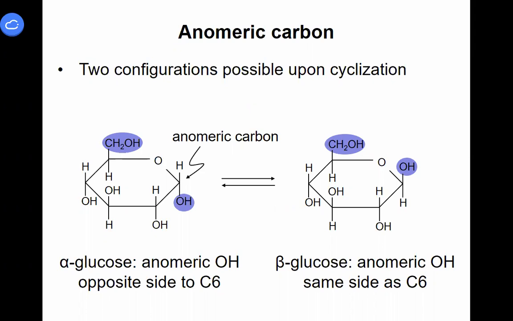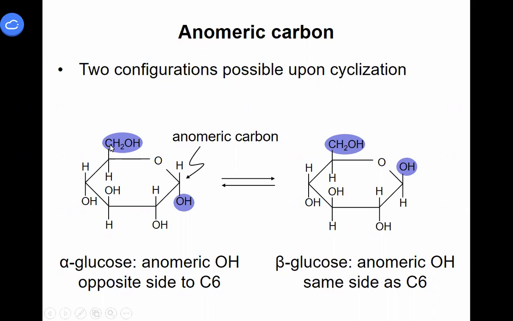And it turns out that the OH on this anomeric carbon can be either above or below the plane of the ring, depending on the angle of attack of the nucleophilic attack that makes the new carbon-oxygen bond. And we need a way to distinguish between these 2 structures. So alpha glucose, the alpha form, is the form where the OH on the anomeric carbon is on the opposite side of the ring as the highest numbered carbon in the sugar.